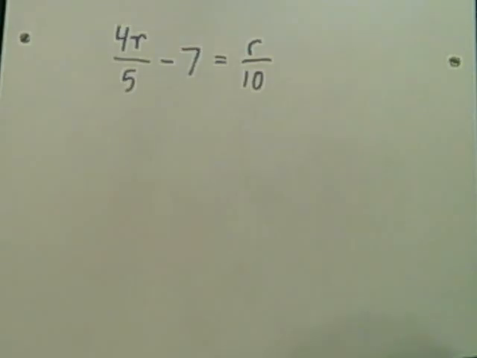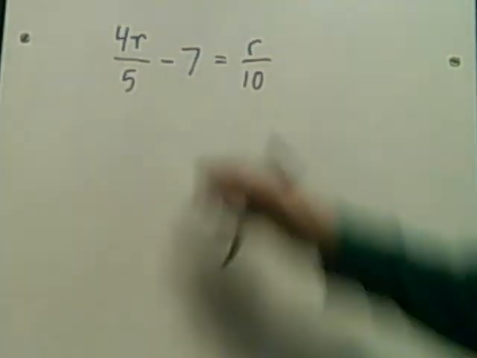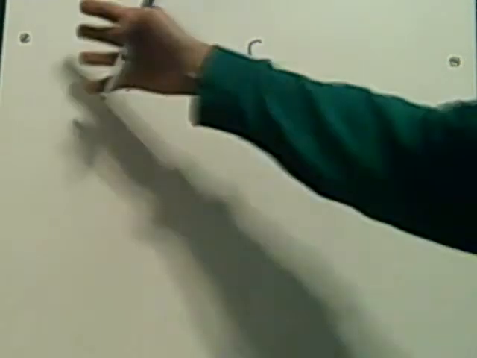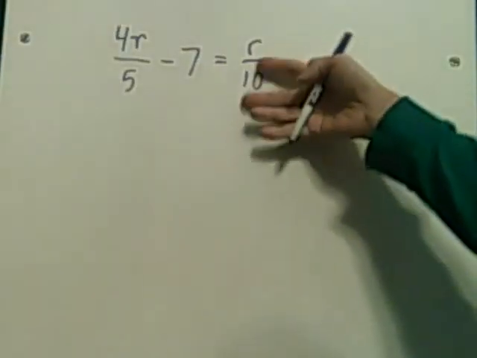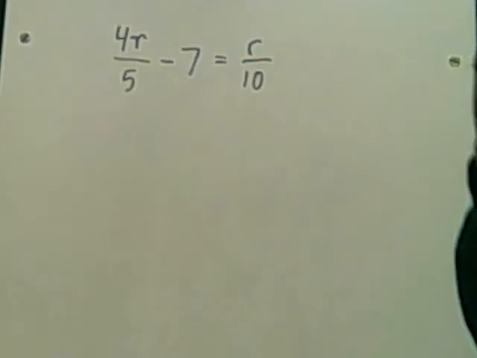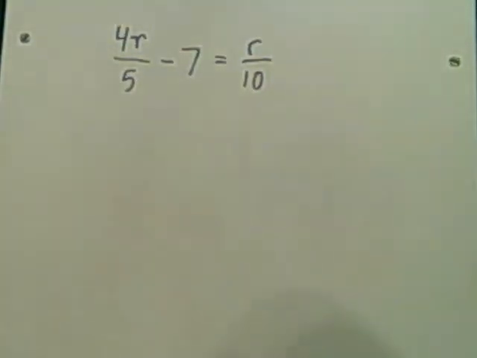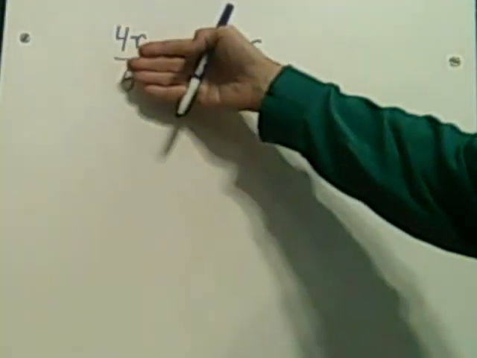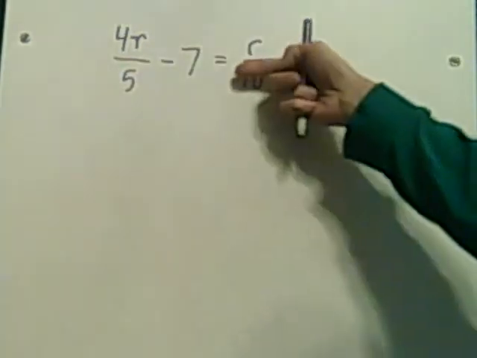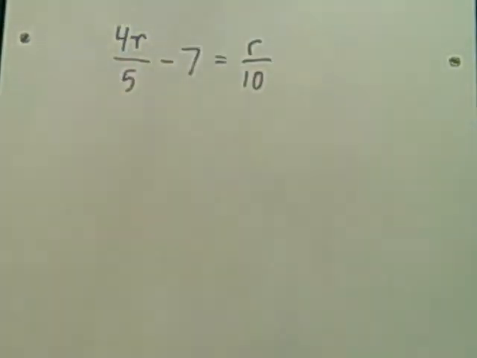So I think a good idea, what I would normally do is multiply the whole equation through by one of these numbers that are on the bottom. In this case, the 10 is going to work out better. Basically, if I multiply both sides by 10, that's going to cancel these out.